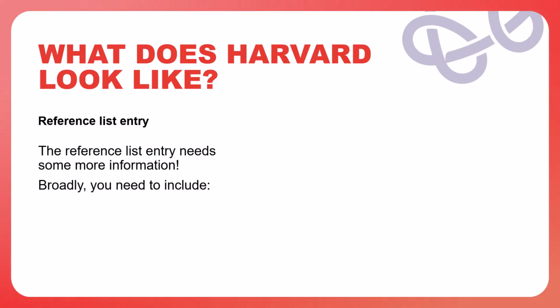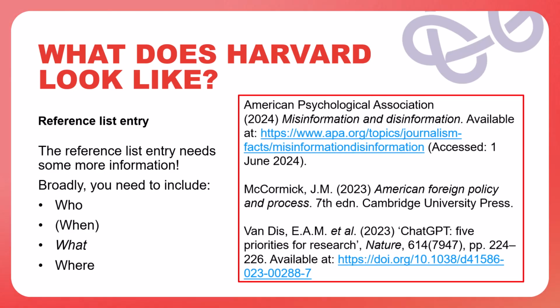The reference list entry then provides more information, so you need to include some more details. And broadly, you need to indicate who said it, when it was said, what it is, what's it called, and where can it be found. And here's an example, a small example of a reference list.